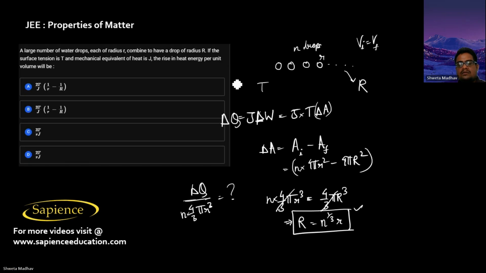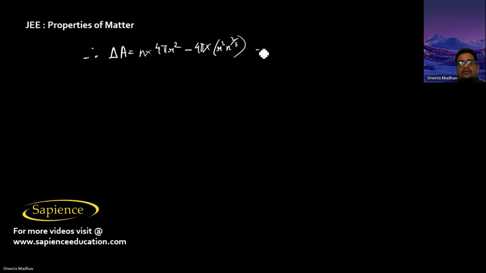Therefore, the change in the surface area will be equal to N into 4 pi r square minus 4 pi capital R square, which is r square into N power 2/3, which will be N into 4 pi r square into 1 minus 1 by N power 1/3.